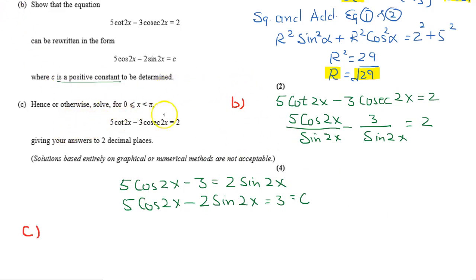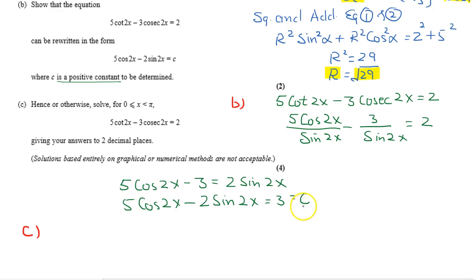Now part b, hence or otherwise solve for x greater than or equal to 0 and less than pi. 5 cot 2x minus 3 cosec 2x is equal to 2, the same equation. This equation can be written like this, and this is c.